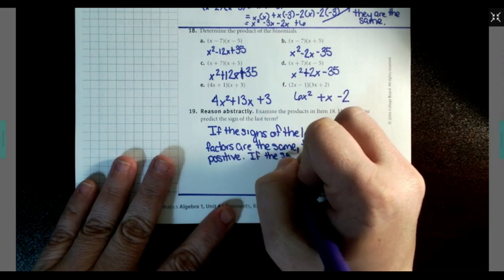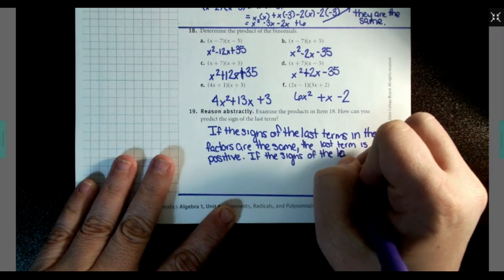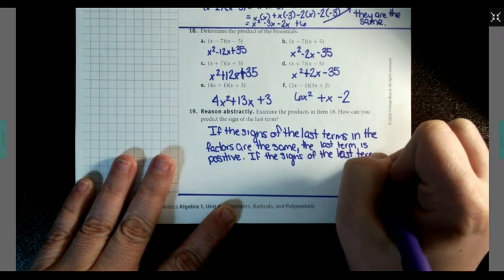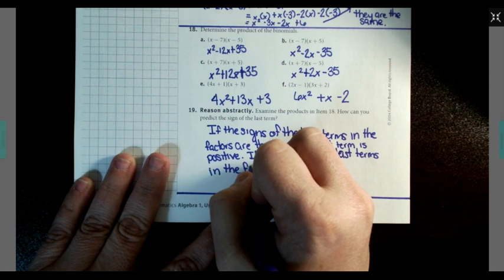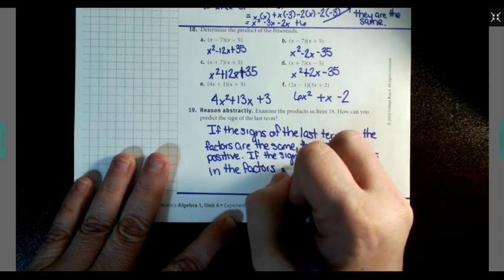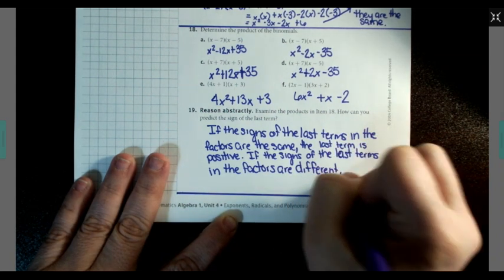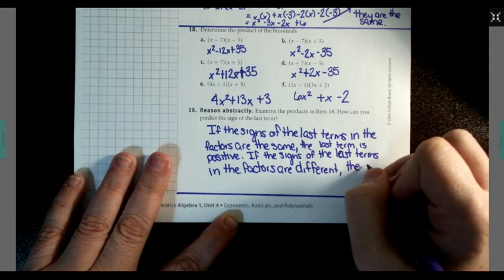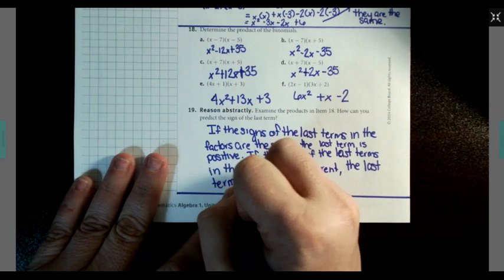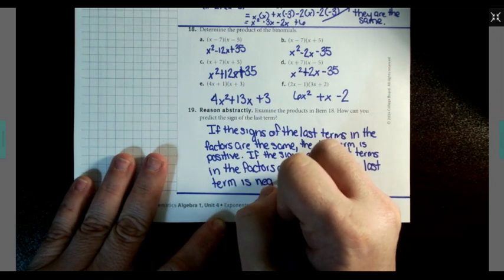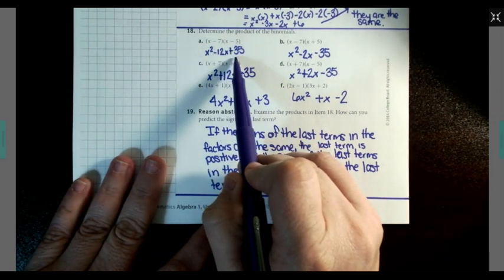If the signs of the last terms in the factors are different, the last term is negative.